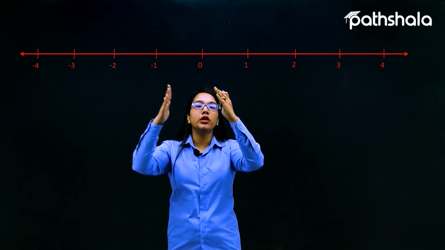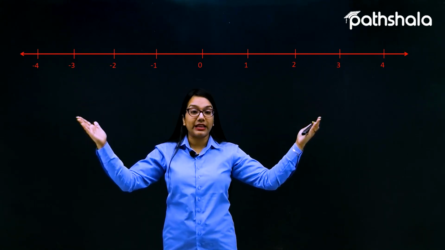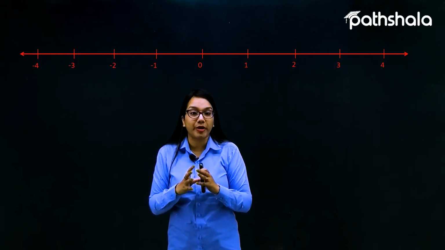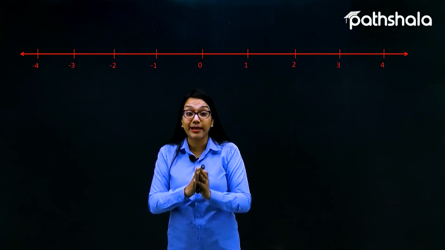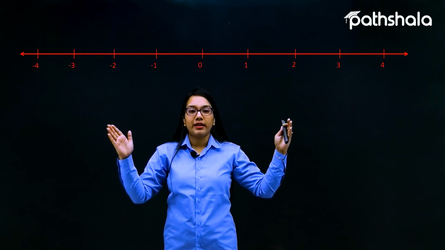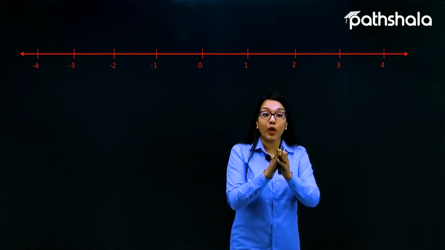The numbers on the left hand side are negative in nature. So this is nothing but a number line on which we can locate any particular number, and we can describe the position of any particular point on the number line.